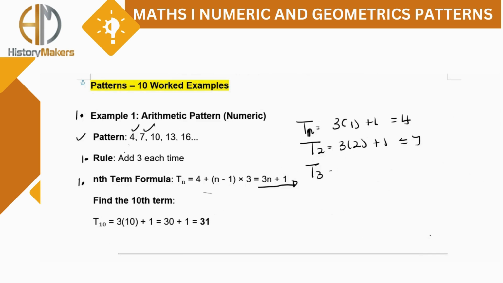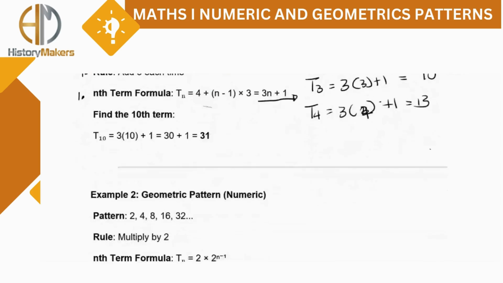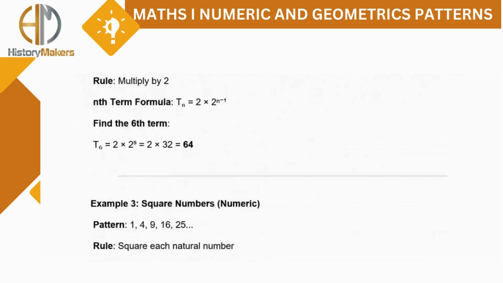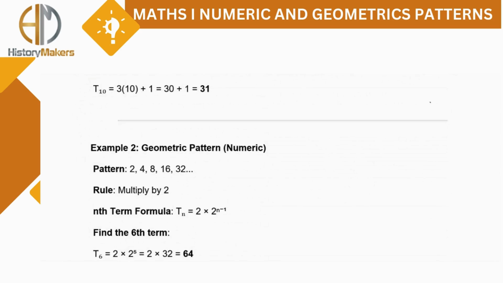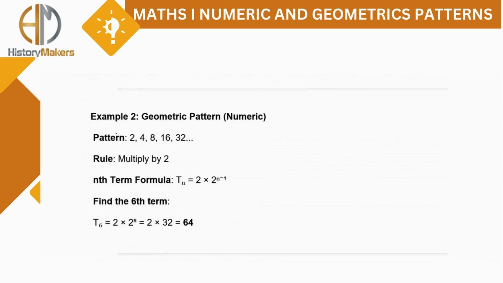Term number 3 is 3 times 3 plus 1, which is 10. Term number 4 is 3 times 4 plus 1, which is 13. So that is how we can confirm if our equation is correct. Let's move on to example number 2.